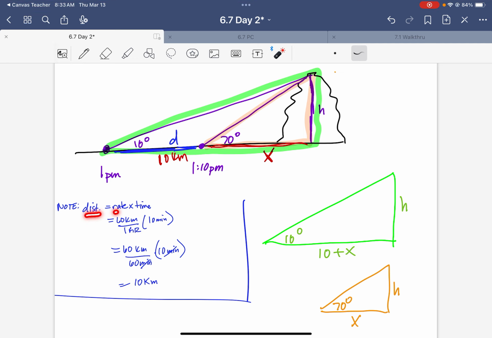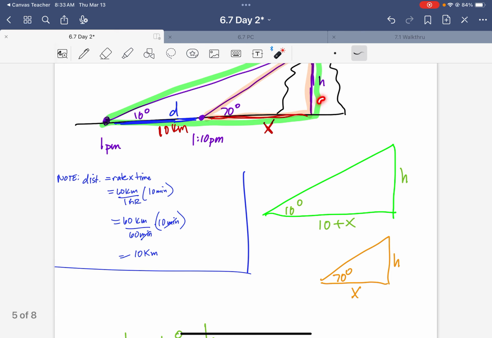Well, since distance is rate times time, if our rate was 60 kilometers an hour and I go for 10 minutes, well, if I go 60 kilometers an hour, that's like going 60 kilometers in 60 minutes. The minutes cancel out, 60 cancels out, and I get that I've gone 10 kilometers. That's 10. This is, I just give it a name, x.